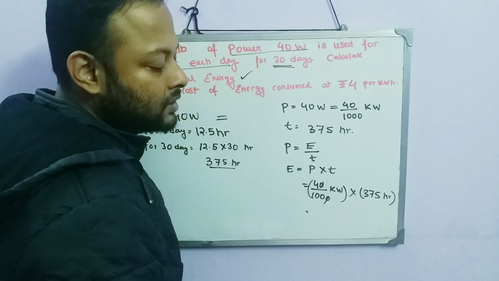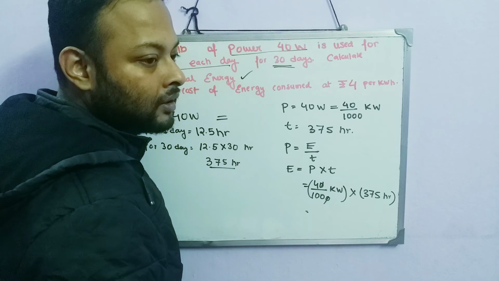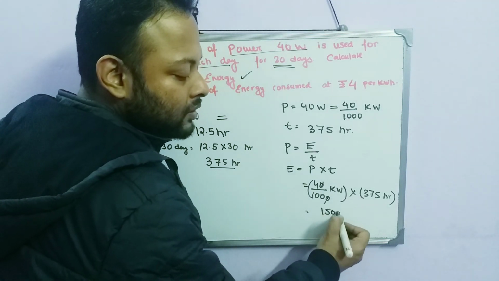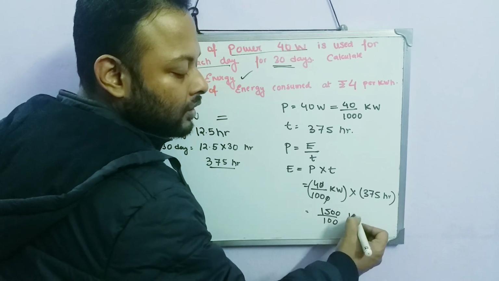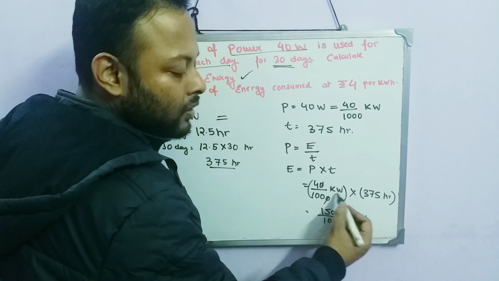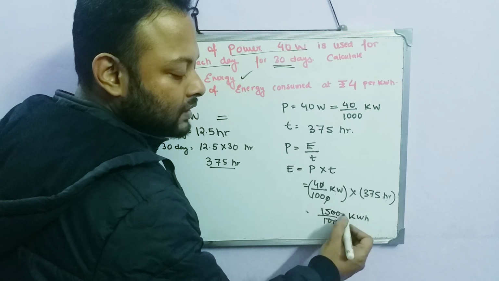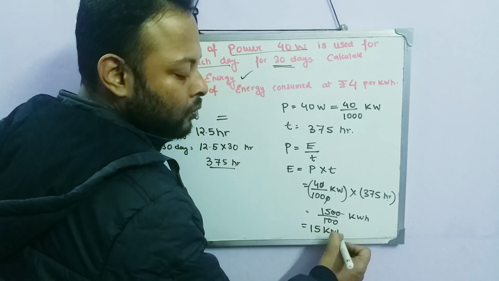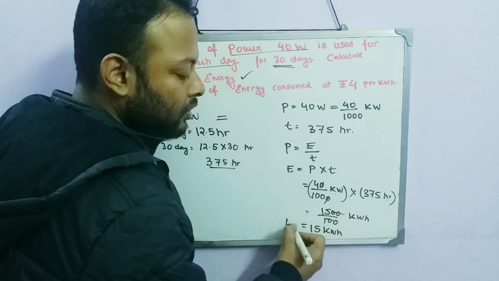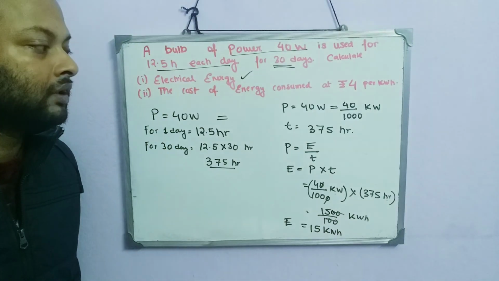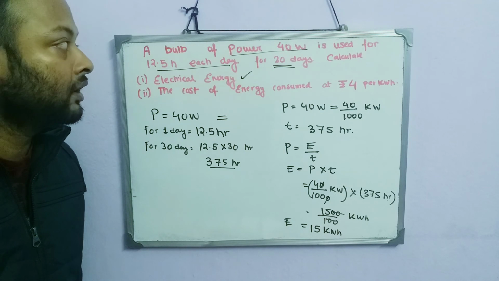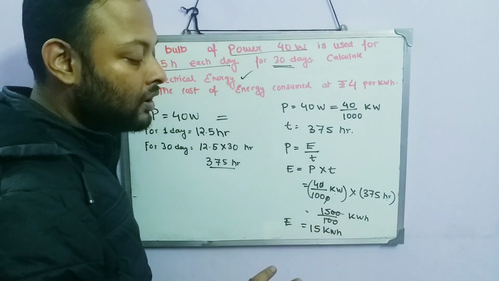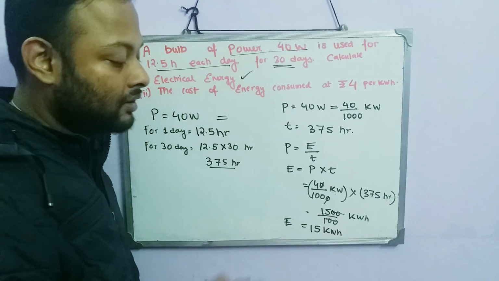So it becomes 1500 by 100 kilowatt hour, kilowatt into hour, kilowatt hour. Cancel, so it becomes 15 kilowatt hour. So the energy that this bulb has consumed is 15 kilowatt hour in the entire month, right?